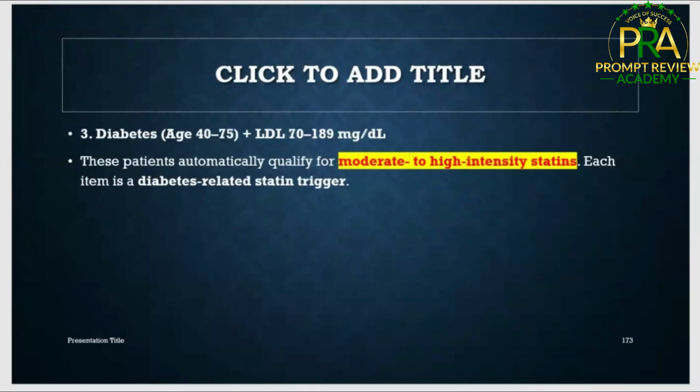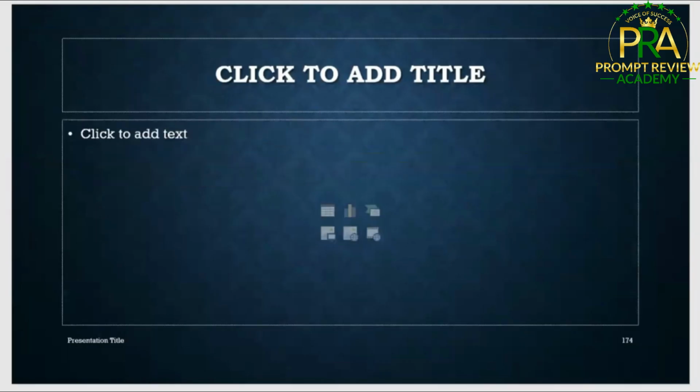Then the last group, but not the least. These people don't have any of those. Their age is between 40 and 75, and they have a 10-year ASCVD risk. So this is the primary prevention risk-based group.